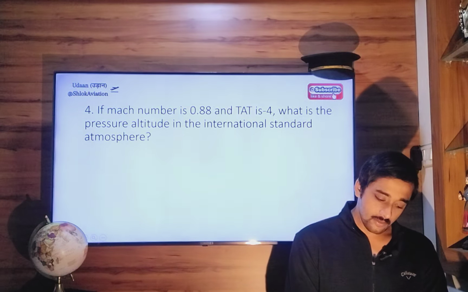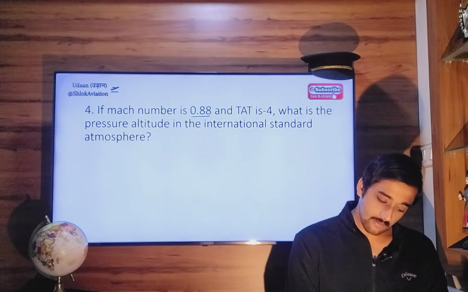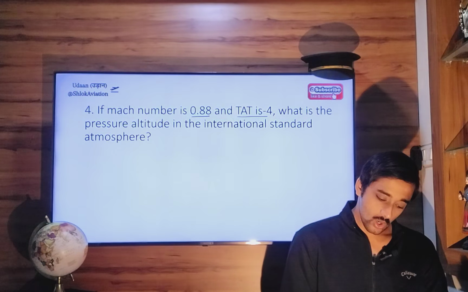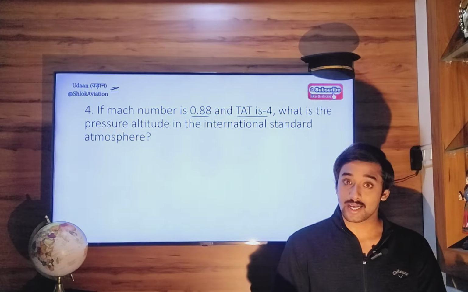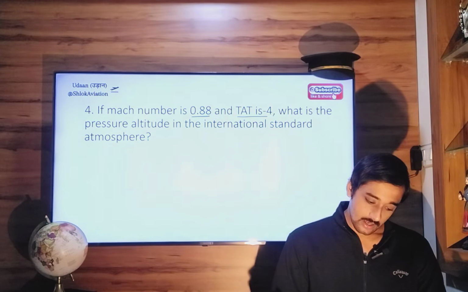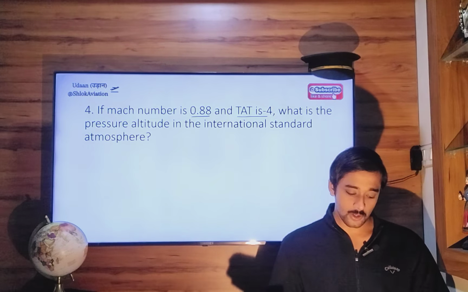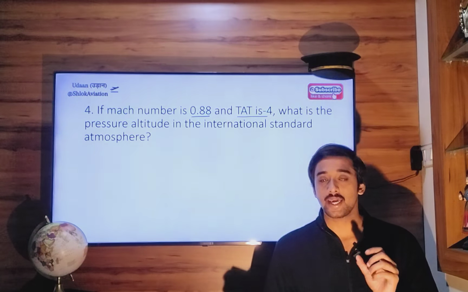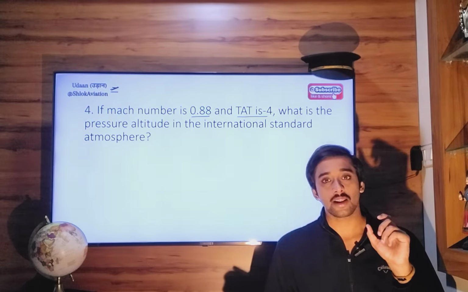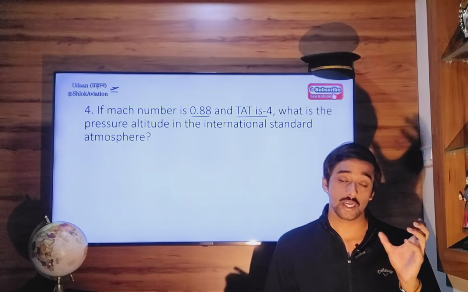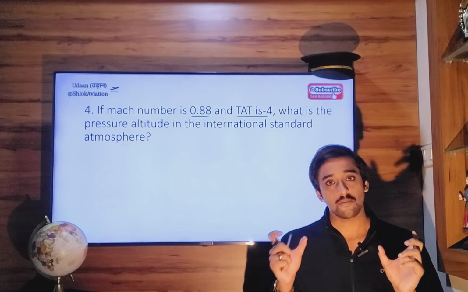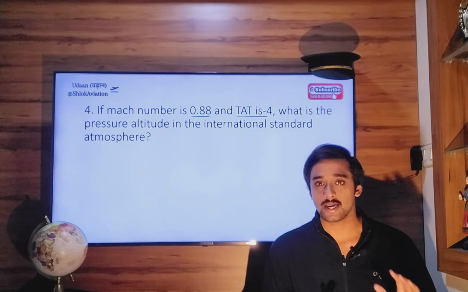Next, if Mach number is 0.88, total air temperature is minus 4 Celsius. What is the pressure altitude in the ISA? Okay, so let's find out the static air temperature. In order to find out pressure altitude, we must know static air temperature. And then we will relate or associate that static air temperature with a particular pressure altitude found in the ISA.